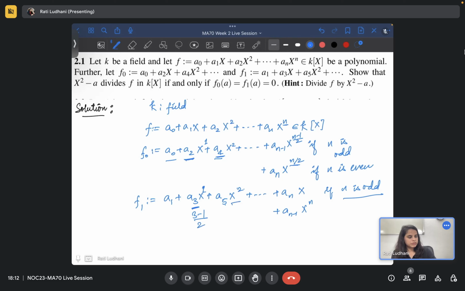Similarly, for this one, you have 5 minus 1 by 2. So here you had n, so n minus 1 by 2, which makes sense because n is odd. And here also you subtract 1 and divide by 2.